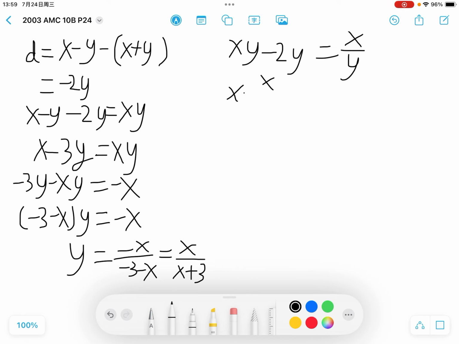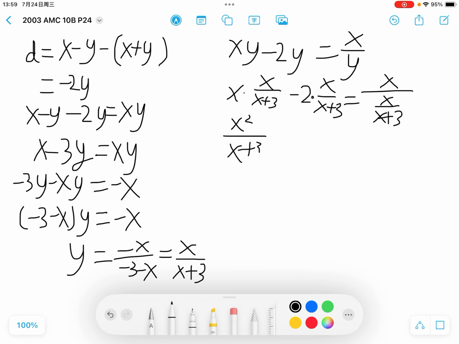So we have x times x over x plus 3 minus 2 times x over x plus 3 is equal to x over x plus 3. So we're going to evaluate this whole equation. We have x squared over x plus 3 minus 2x over x plus 3. And we also have x over x plus 3 over x over x plus 3, which is just x plus 3 itself.